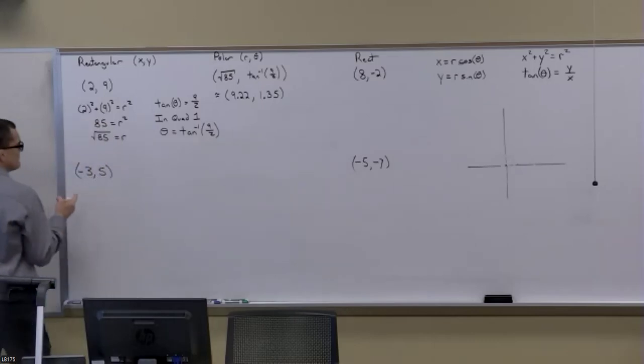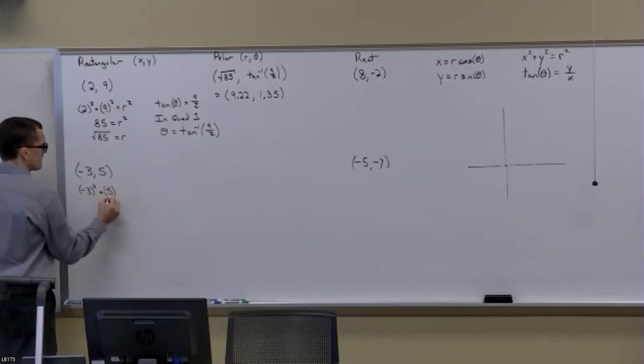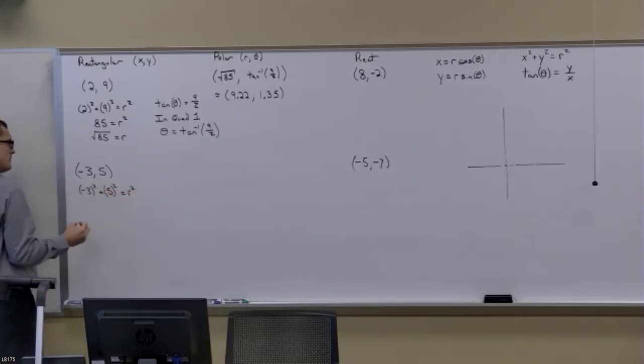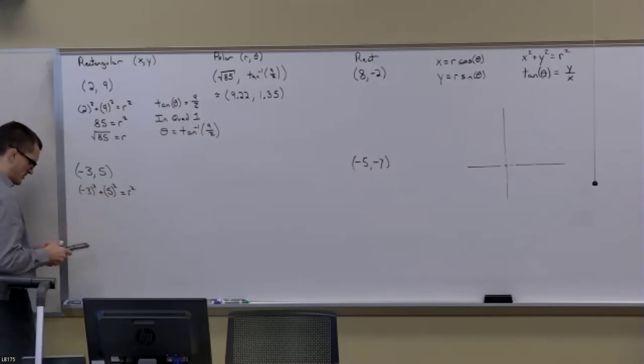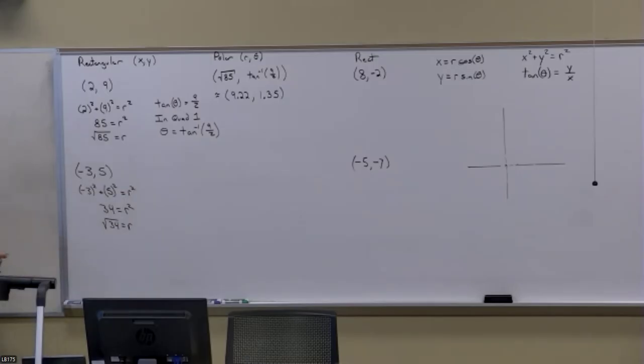Now let's do a similar thing for -3,5. When I use the Pythagorean theorem, I think that's 34, and the square root of 34 is your R. I'll wait to write the point till the end.